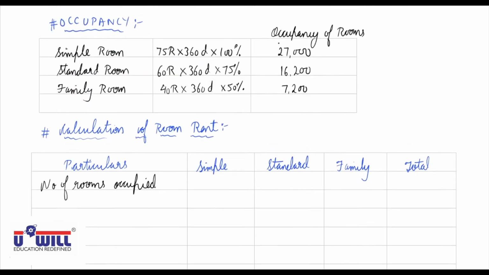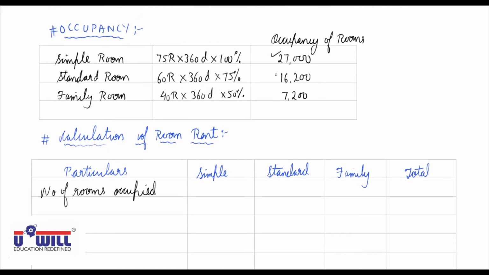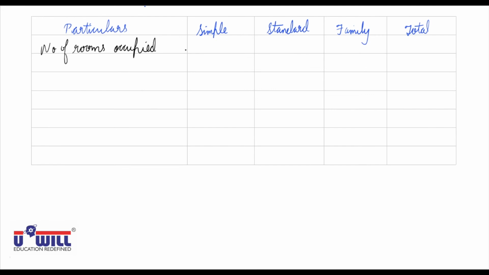As we calculated just now, 27,000, 16,200 and 7,200. Now this we will multiply with the weights. Weights means importance.